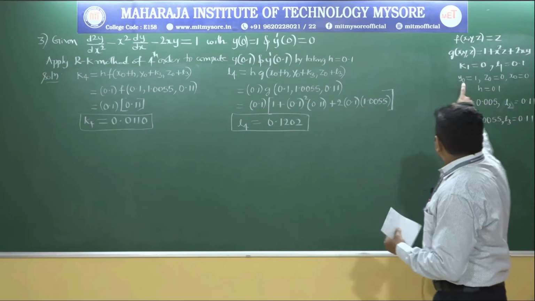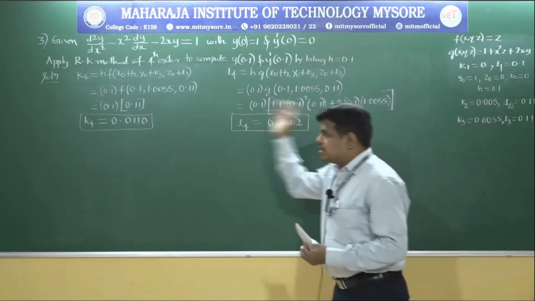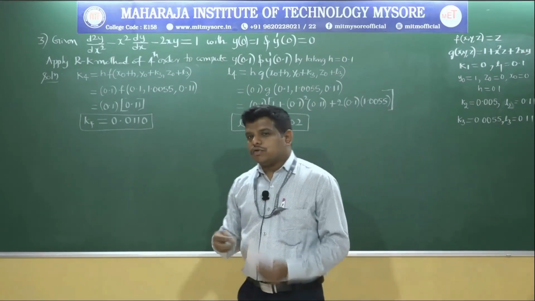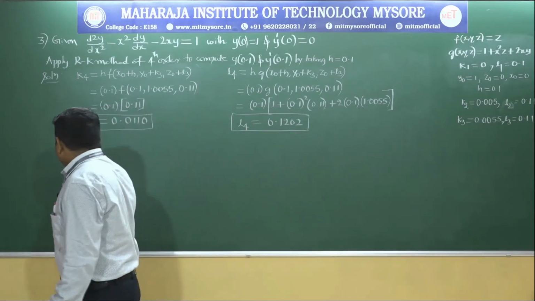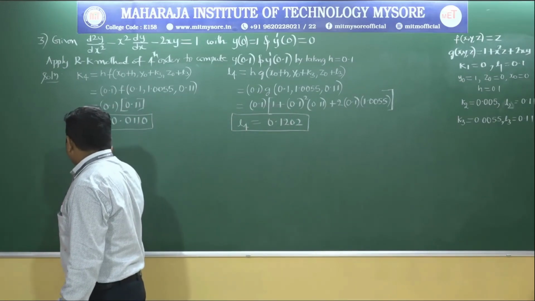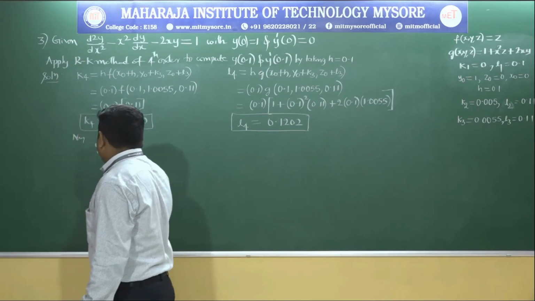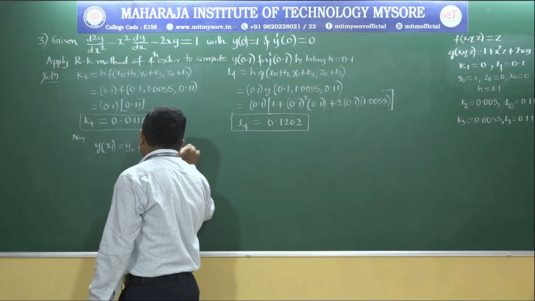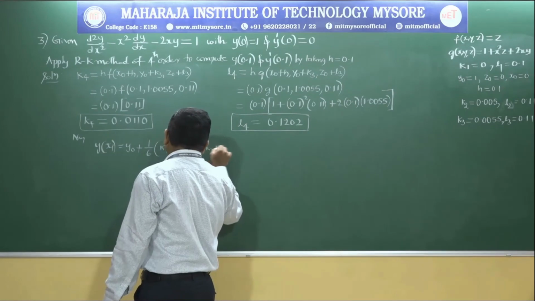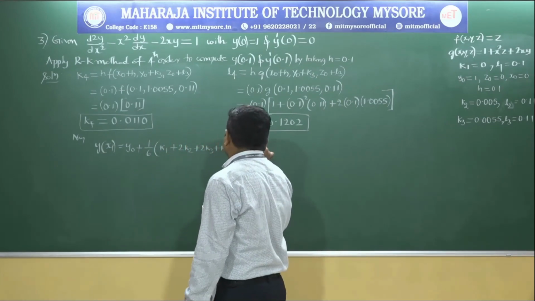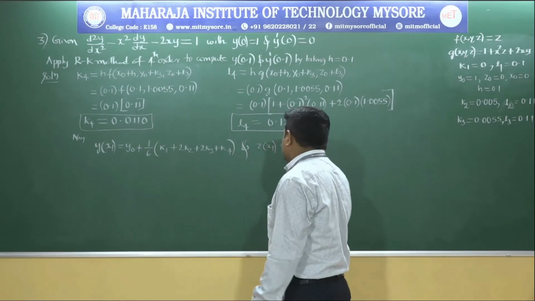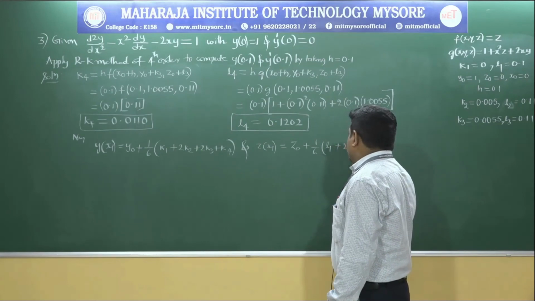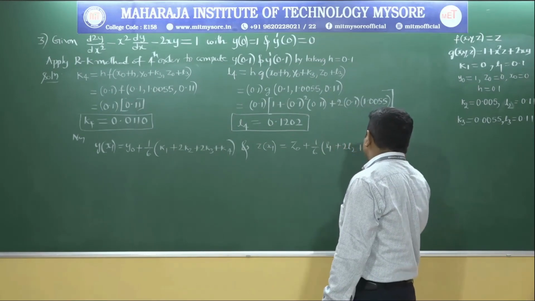Next, after finding K1, L1, K2, L2, K3, L3, K4 and L4, we shall consider the formula for Runge-Kutta method of fourth order. Is given by y of x1 equals y naught plus 1 by 6 into k1 plus 2k2 plus 2k3 plus k4, and z of x1 is given by z naught plus 1 by 6 into L1 plus 2L2 plus 2L3 plus L4.